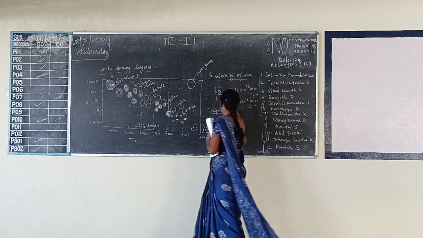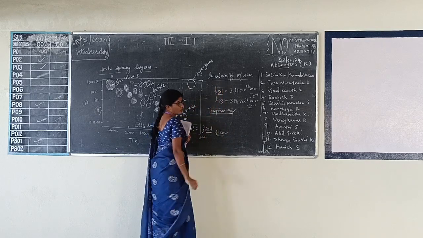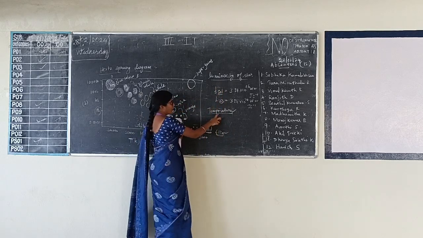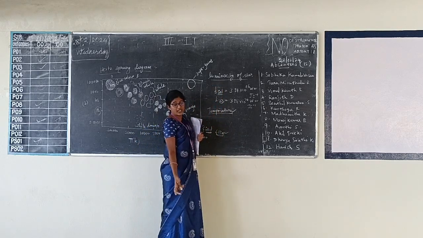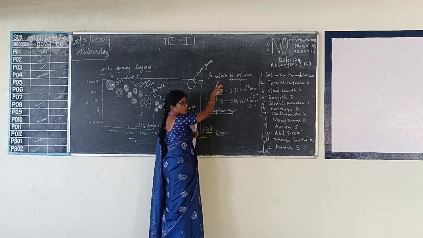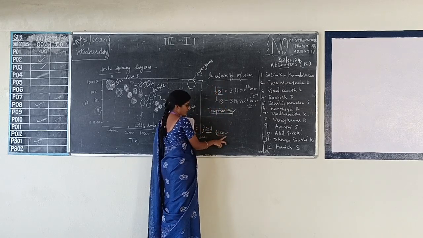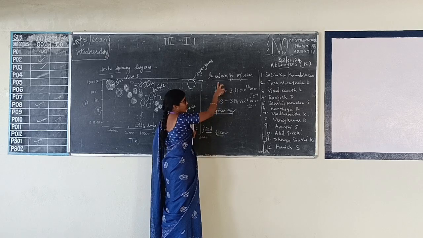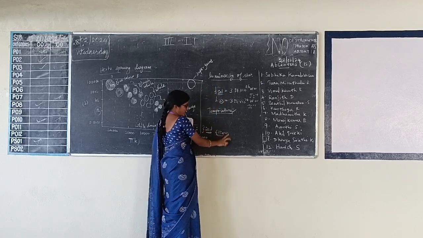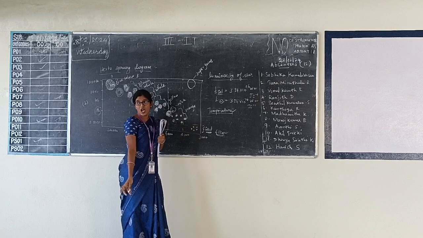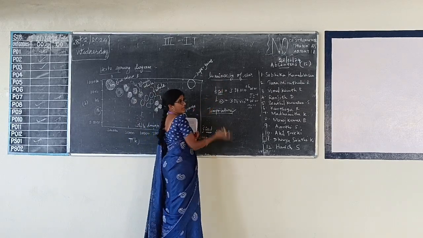So temperature and size are directly proportional to luminosity. If temperature increases, luminosity increases. If temperature decreases, luminosity decreases. Likewise, if the size of the star is smaller, luminosity is less; if the size is larger, it has high luminosity.